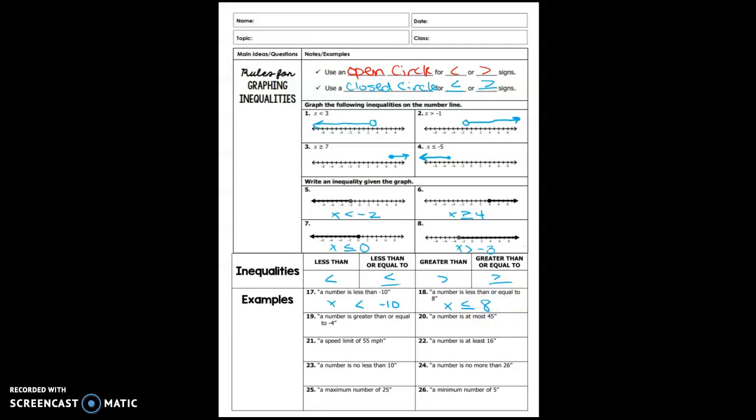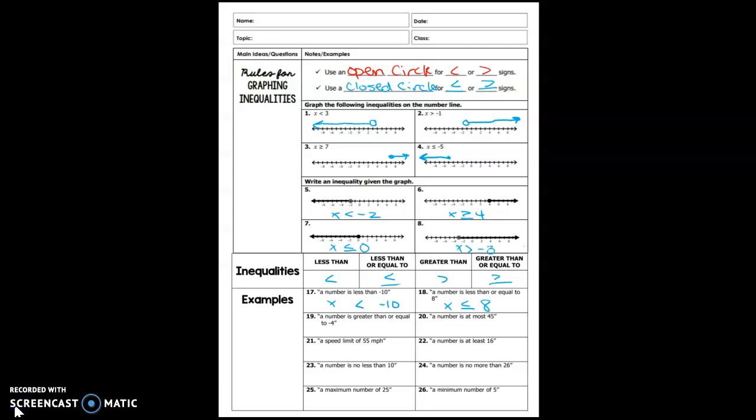The first two seem kind of easy, but I want you to take a peek through the rest of these and see what you think, because on some of these it's going to say things like at least, at most, no more, or no less. Think about what sign we need when we run into that wording.